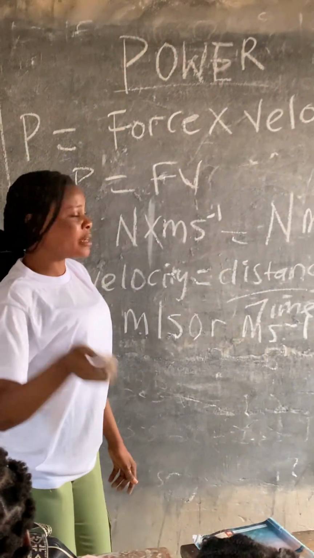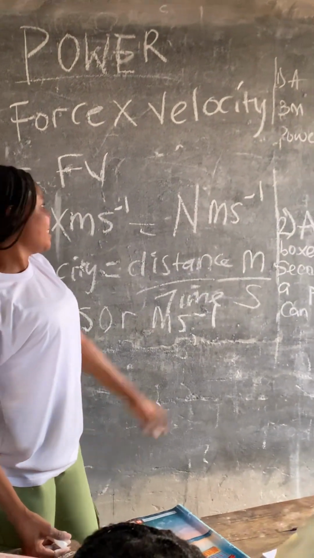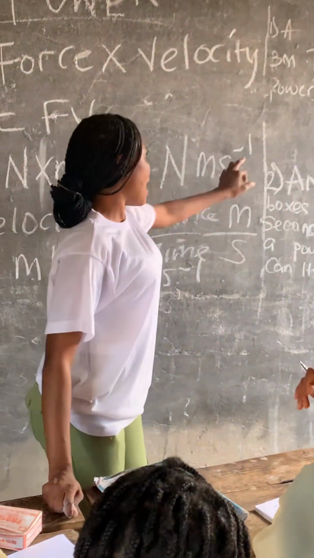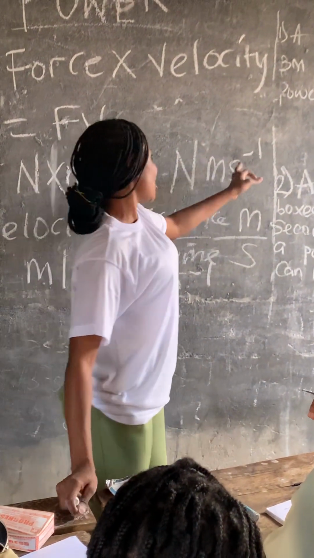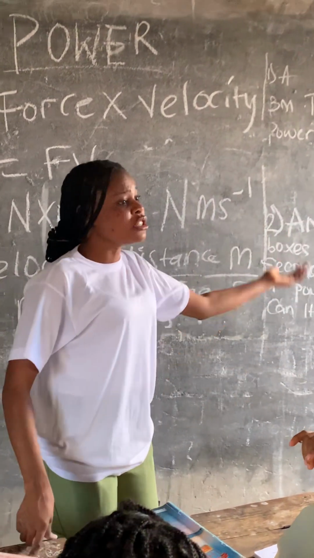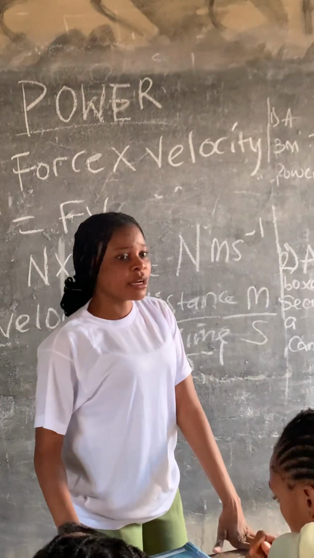Do you now understand why we have this -1? It is important. The -1 tells you it is per second. If you just put meter seconds, it tells you meter times seconds, which is not the SI unit for velocity. Do you understand? Any other question? No.